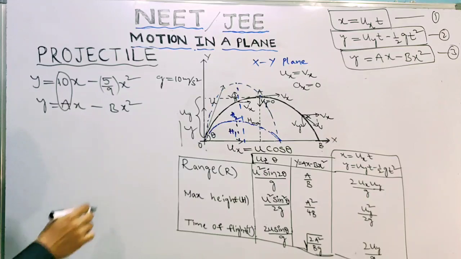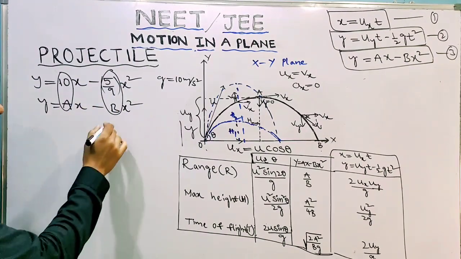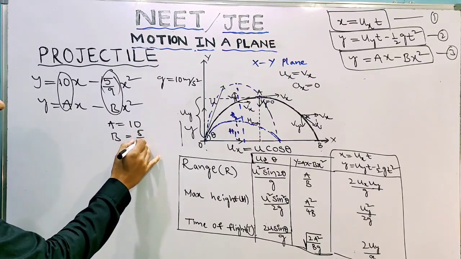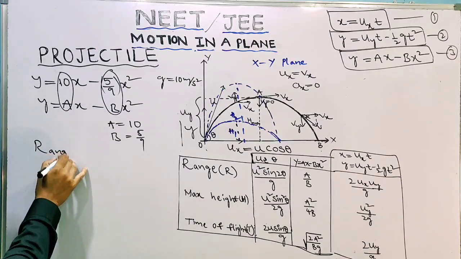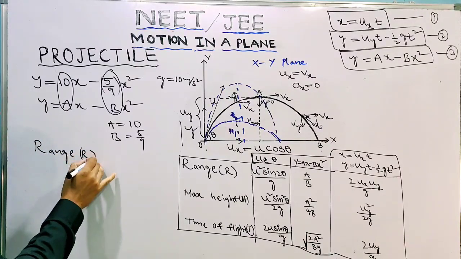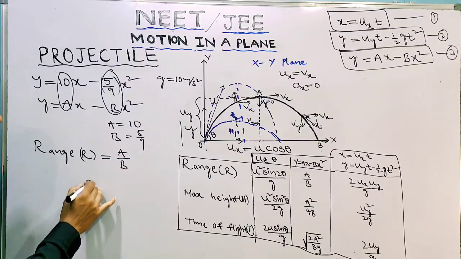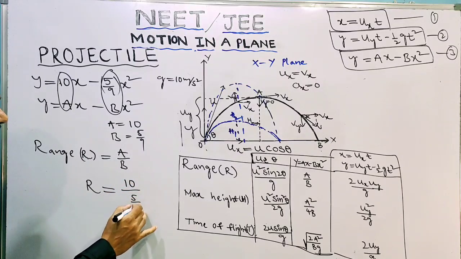The a is 10, b is how much? 5 by 9. Okay, a equal to 10, b equal to 5 by 9. So range formula is what? R equal to a by b. So R equal to a is how much? 10, b is how much? 5 by 9.